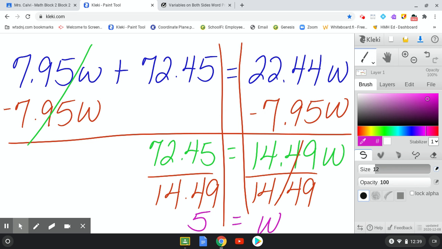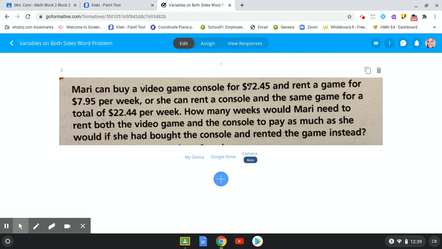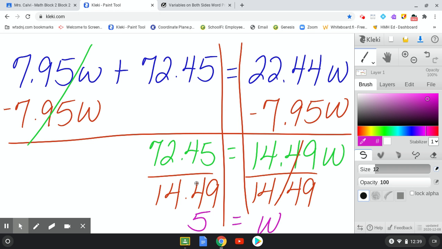So it was asking how many weeks would Mary need to rent both the video game and the console to pay as much as she would if she had bought the console and rented the game instead. So we got that it would take 5 weeks for the cost to equal the same, depending on which option she chose. All right.